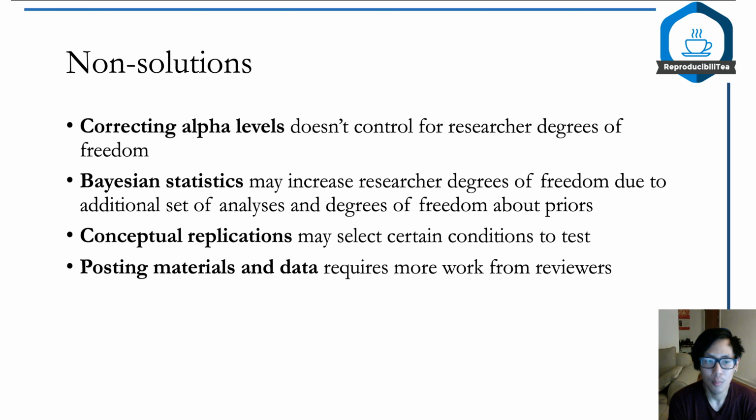And the last one, posting materials and data. The authors point out that they are supporters of people posting their data online and making it open and transparent. However, to prevent these issues occurring with researcher degrees of freedom and analytical flexibility, it requires work from reviewers to go through the data and go through the materials to double check that this has not happened and to see everything is in place.